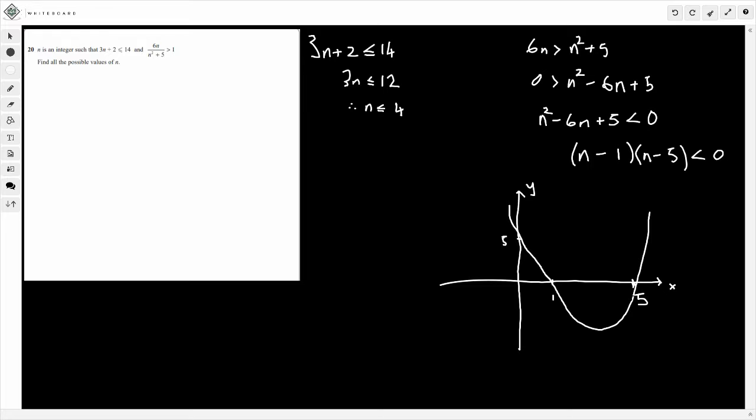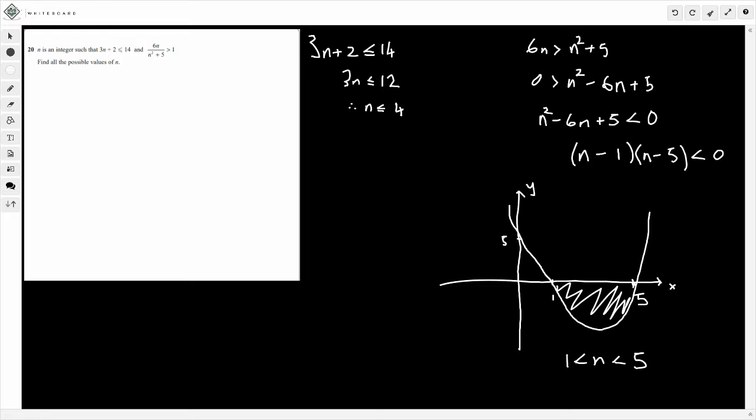From here, because this is saying that the values have to be less than 0, we want where the graph is below the x-axis, and that is this little bit of the curve here. But we can't have all these values, because n has to be less than or equal to 4. This inequality gives us that n lies between 1 and 5.